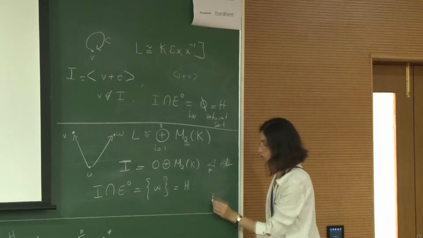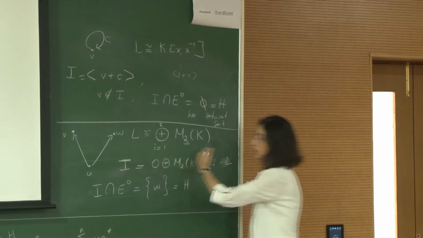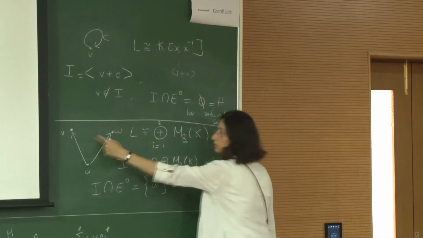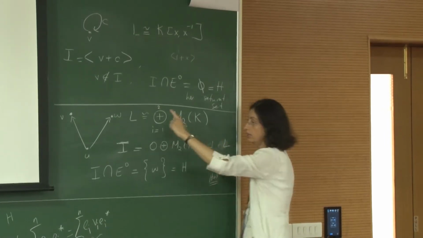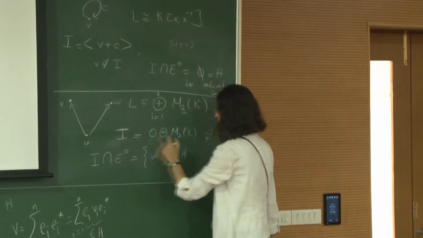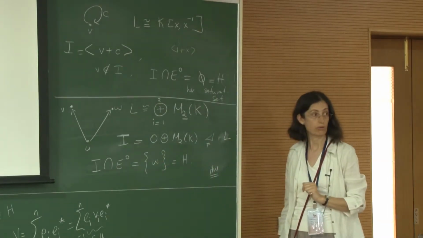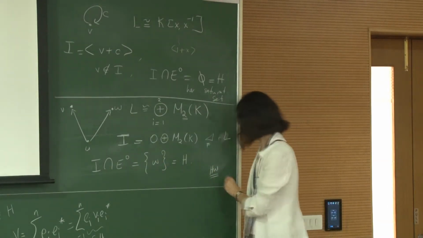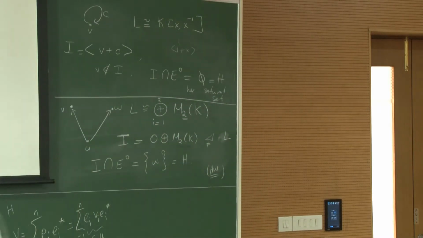I'll leave this as a homework question if you want to work it out, because there is a nice homomorphism between the elements here and M2(K). And this ideal is basically generated by the vertex W. So that's a non-zero hereditary set.